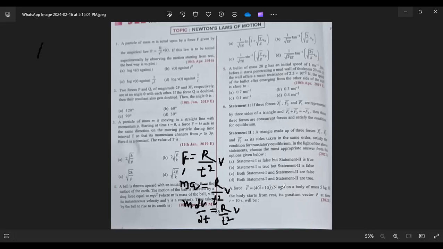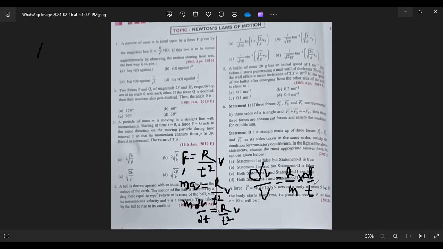So dv upon v, the rate of change of velocity divided by velocity, is equal to R upon m multiplied by dt upon t square.